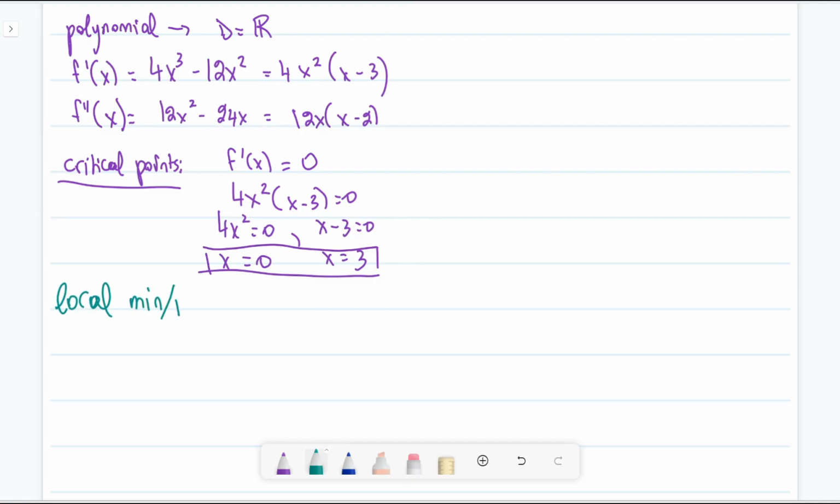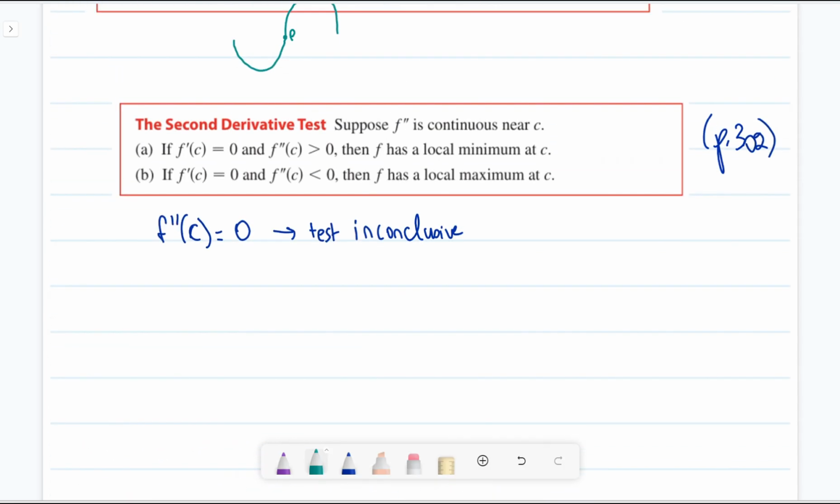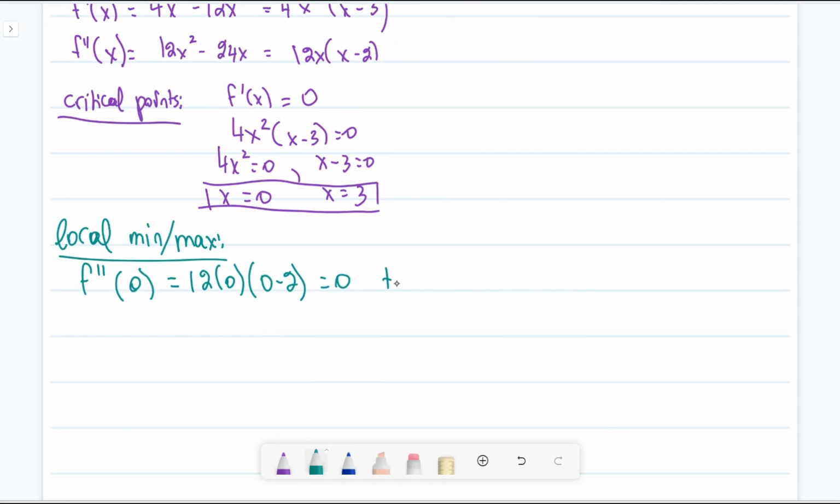So the second derivative at 0, we plug in 0, we get 12 times 0 times (0 minus 2), this becomes 0. Again, a reminder that when this gives 0, the second derivative test is inconclusive. So we need to do something else to know whether we have a local minimum or maximum.